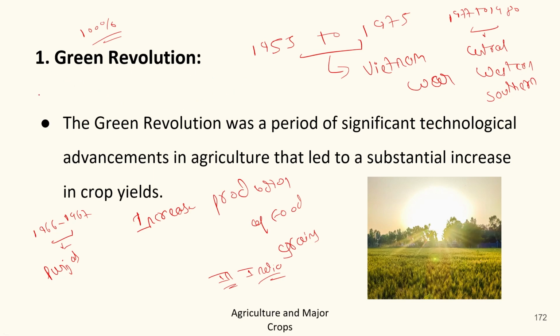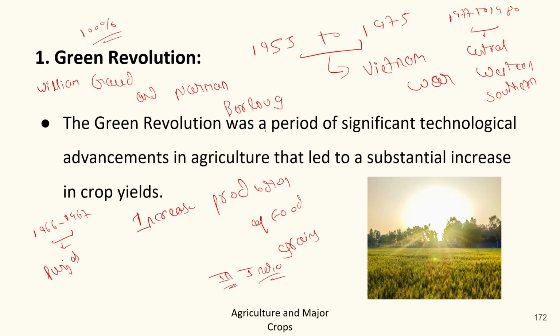And the question is, who is named as the father of the Green Revolution? Basically, the fathers of the Green Revolution are William Gaud and Norman Borlaug.